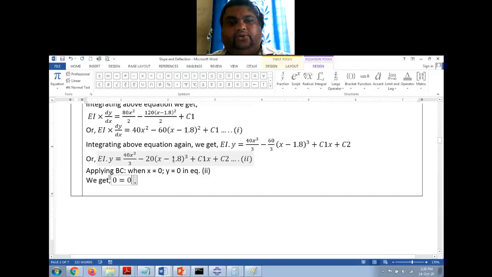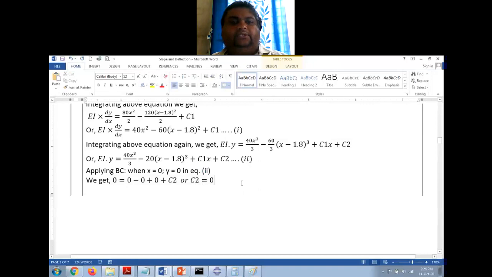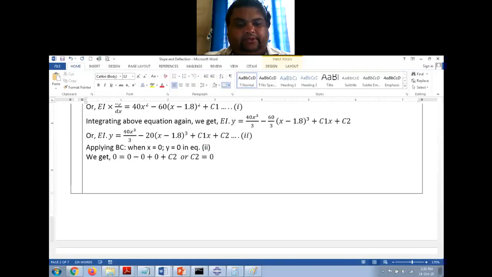This becomes negative, so I am ignoring or dropping that term. Plus C1x. X is 0, so C1x will become 0, plus C2. In most of the cases, C2 will be 0 only, or C2 is equal to 0. My second constant of integration is 0. Now I will apply the second boundary condition.